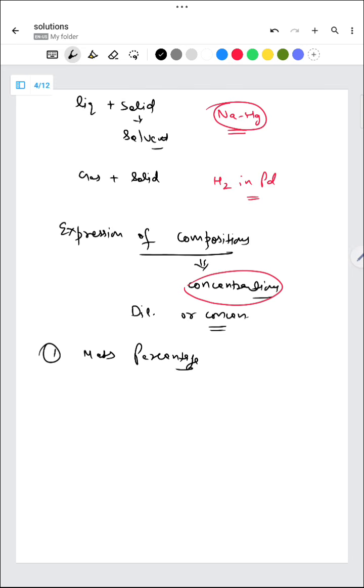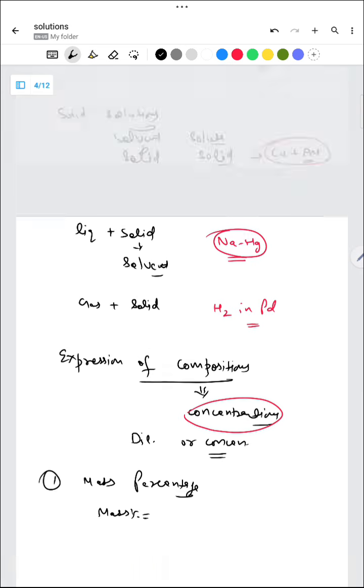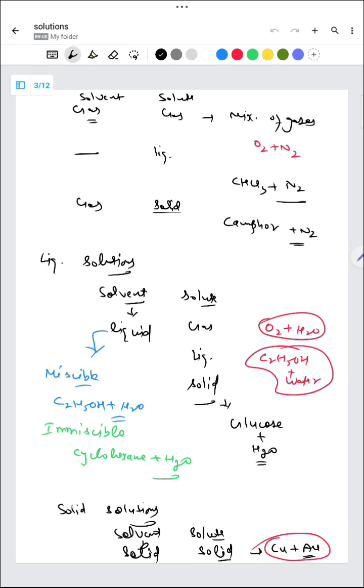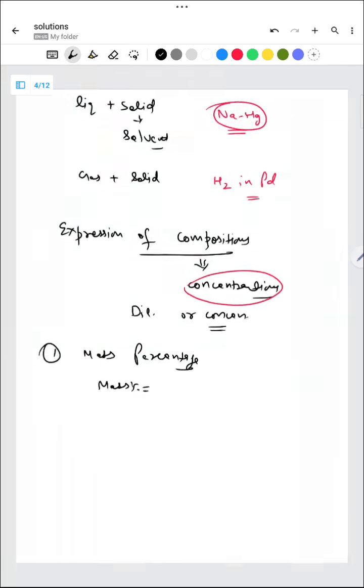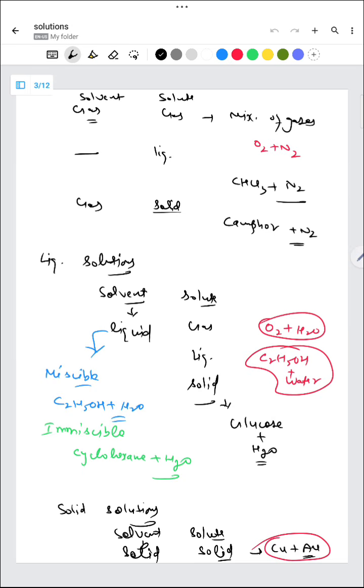What is mass percentage? Look, mass percentage, whenever we talk about a component, for example we have discussed previously a solution where liquid was the solvent and solid was the solute, like glucose in water.